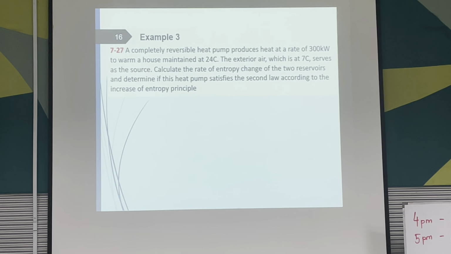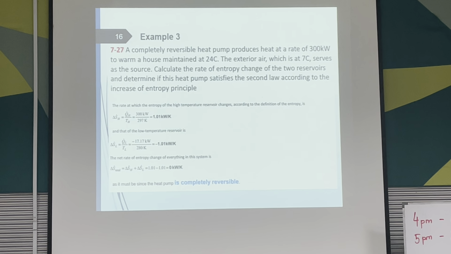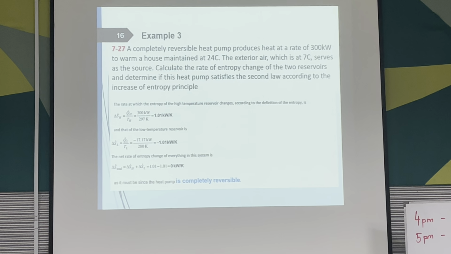Okay, so this question, now, if I am not mistaken, let me see. Yeah, this question doesn't show you all the working. So now you need to look at this question one by one first.